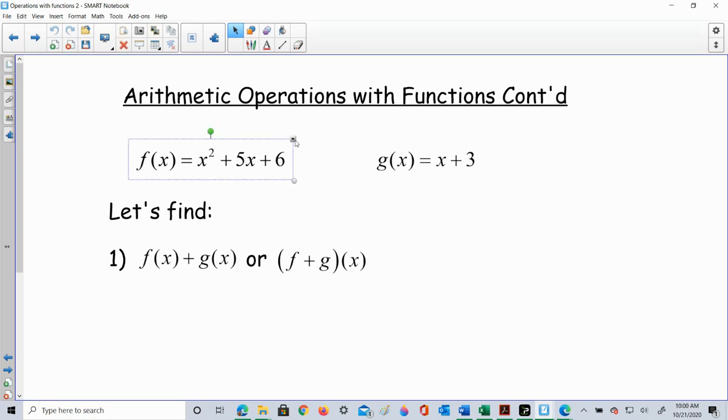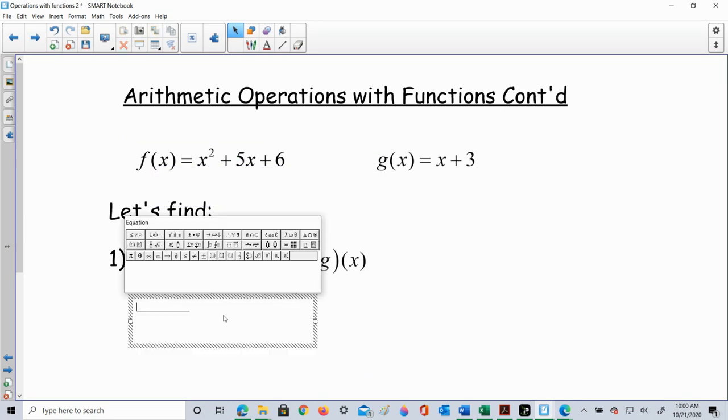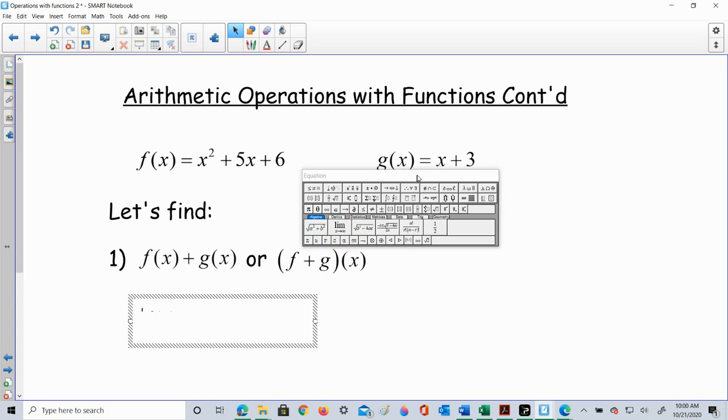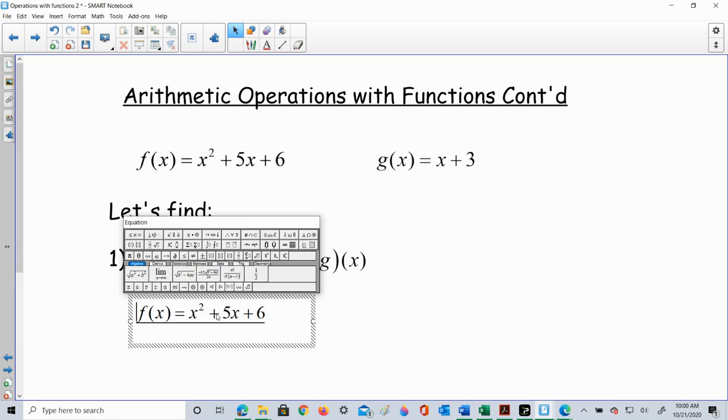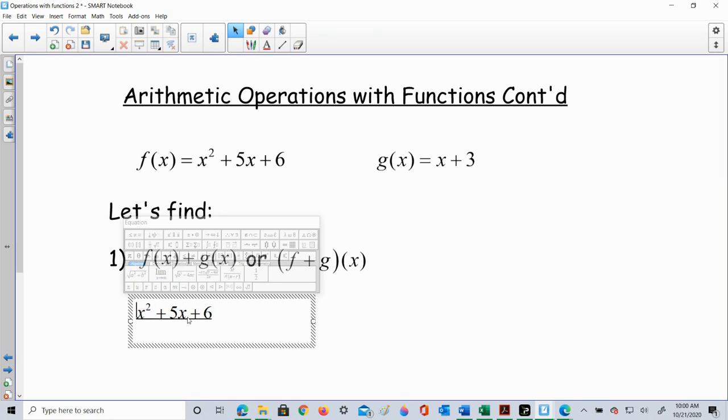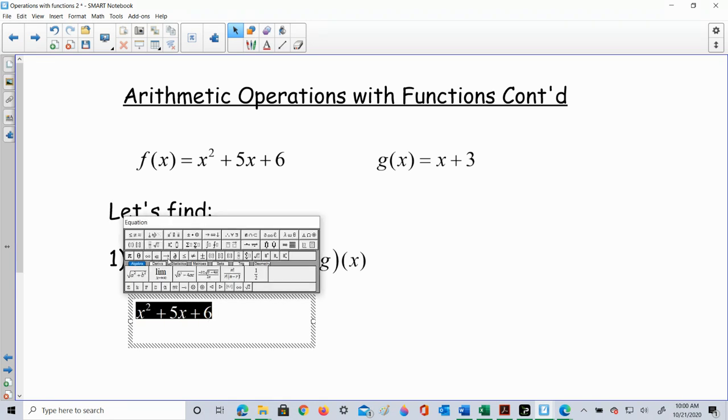Let me see. Let me copy this. All right, so f plus g of x is equal to this piece here, right?